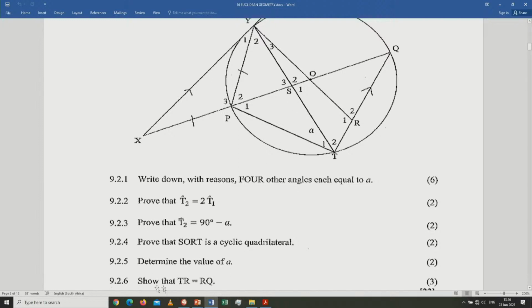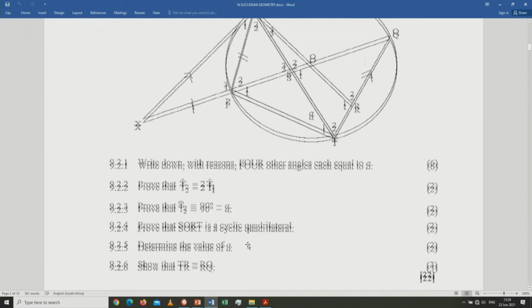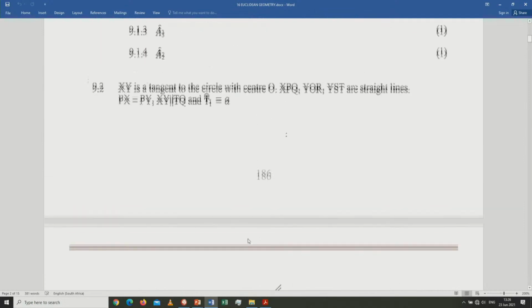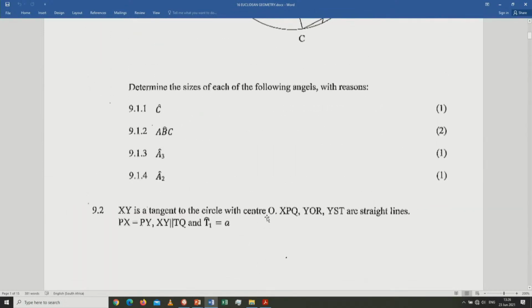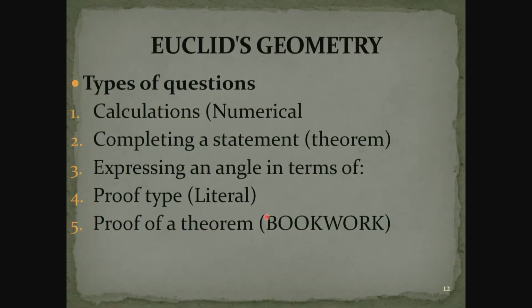Here's another proof type question. Show that TR is equal to RQ. Very, very important. Please, like I indicated, these are the types of questions that you must make sure that you go and look at. Very important. Proof type, numerical, completing the statement, and those 6 theorems for grade 11, as well as 2 in grade 12. Especially grade 12 ones.